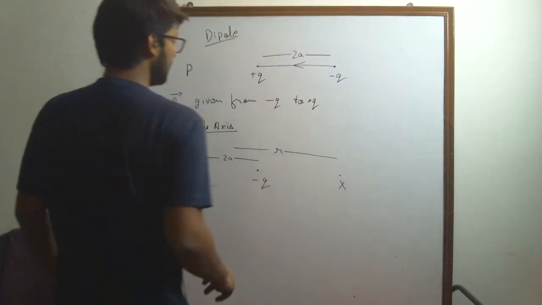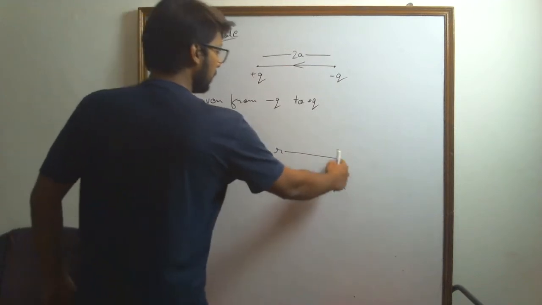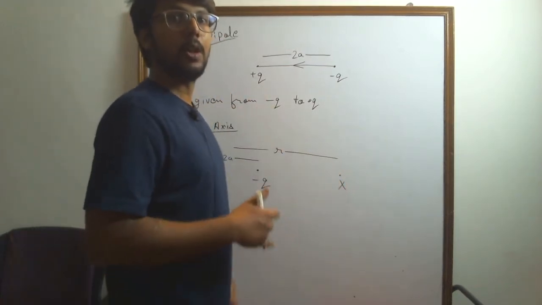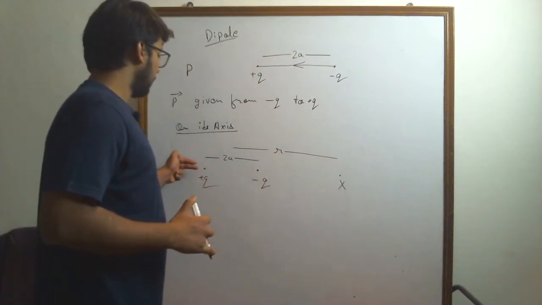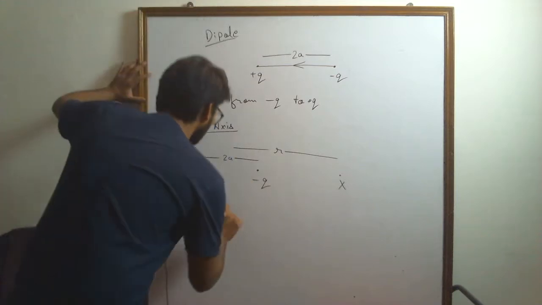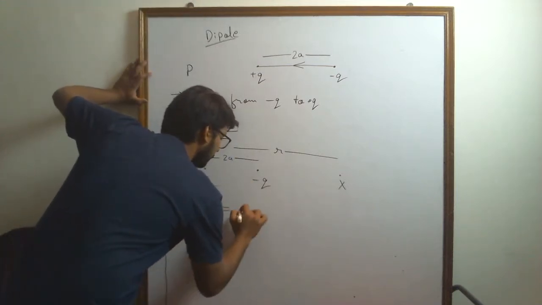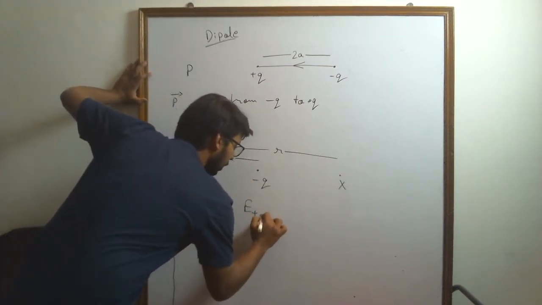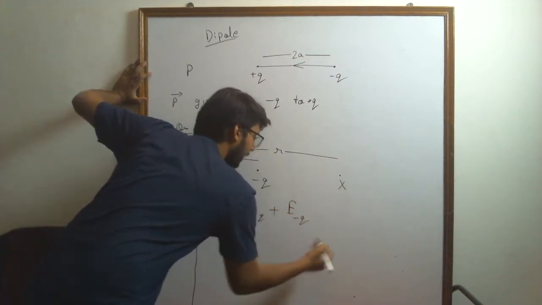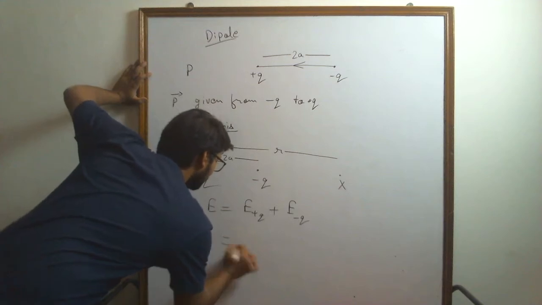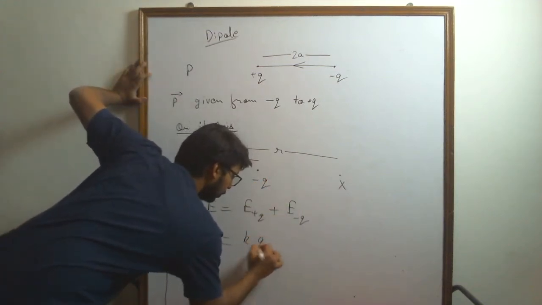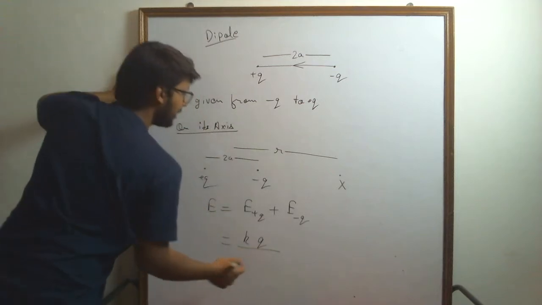Now as soon as I take this, I need to find out the electric field over here, and the electric field over here will be given by the superposition law. That means the electric field by this charge and the electric field by this charge will be added. So the total electric field that I am looking for is just a sum of the electric field by plus q and the electric field by minus q. What will be the electric field of plus q? It will essentially be kq upon, now what is the distance?